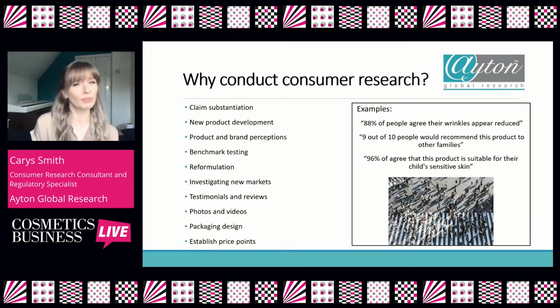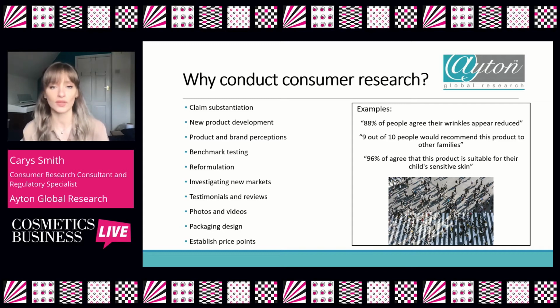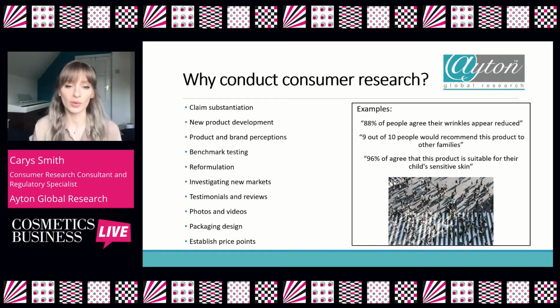So, things like I would buy this product, recommend this product. That's all stuff that you can only get through a consumer study. And things like 96% of people agree that this product is suitable for their child's sensitive skin. So we're able to conduct studies on all different kinds of ages for families, things like that. So you can get some really good claims that really help with the acceptability of the product on a range of people.